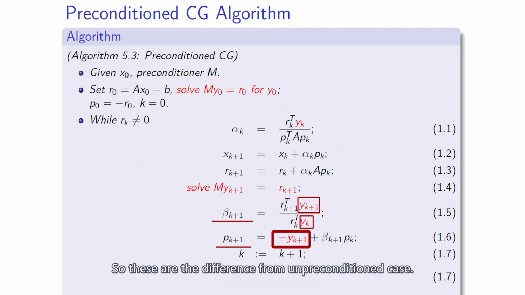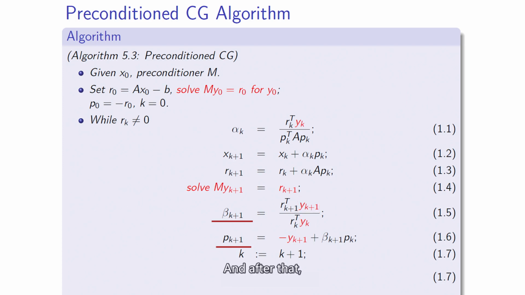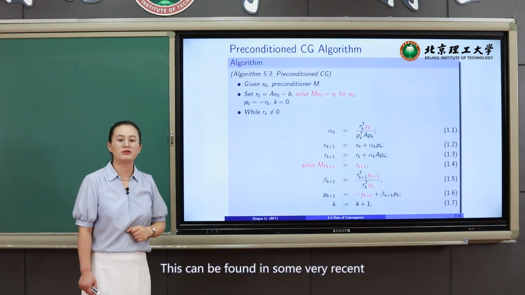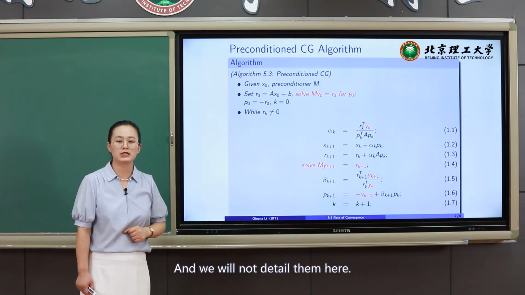So these are the differences from the unpreconditioned case. And this gives us the preconditioned version of the CG algorithm. Due to different applications, you can design different matrices M, called the preconditioner, to adjust your matrix and improve the performance of CG. Of course, there are many complicated implementations of the preconditioner M, which can be found in some very recent research papers, and we will not detail them here.